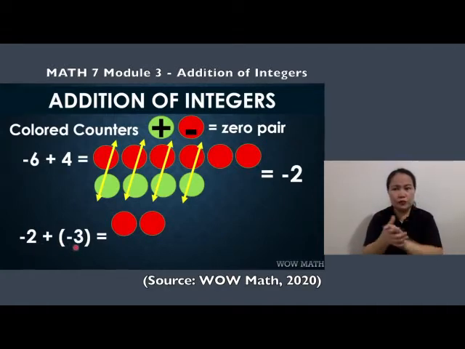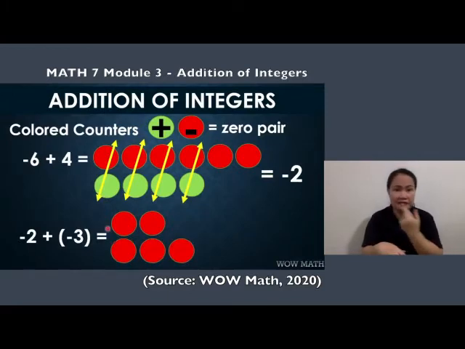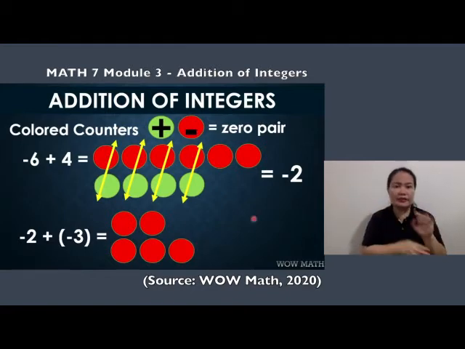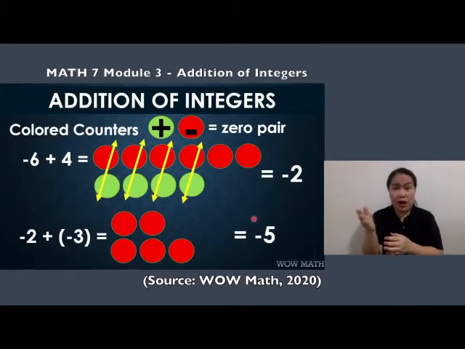Let us represent negative 3, so tatlong reds. Okay, wala tayong zero pair dito. So ibig sabihin, bibilangin na natin to lahat. 1, 2, 3, 4, 5. So 5 siya, kulay red, that is negative. So, negative 5.